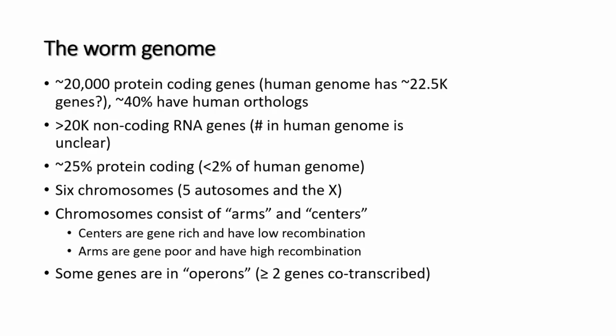That's rare in eukaryotes and multicellular organisms, but the C. elegans genome actually has quite a number of operons. You can speculate that in an organism that's so small with such a fast life cycle, maybe there's a big advantage to having the same set of genes under the control of the same promoter. But that's idle speculation.